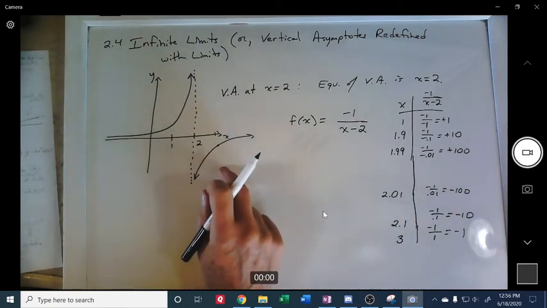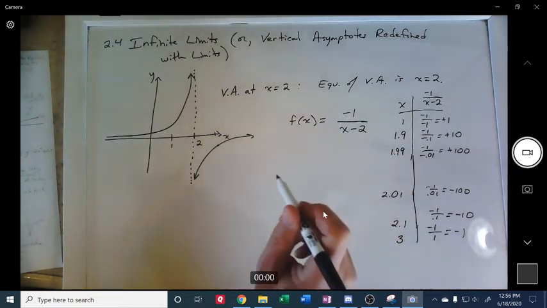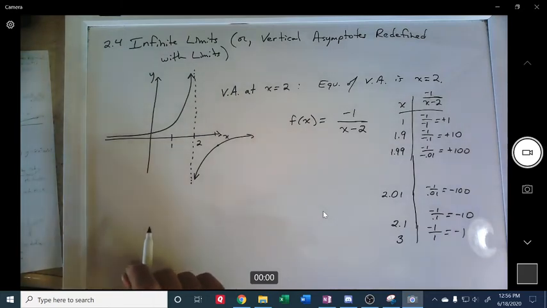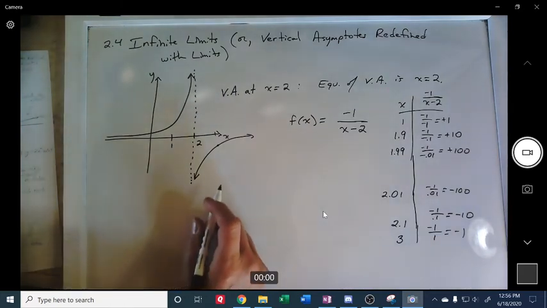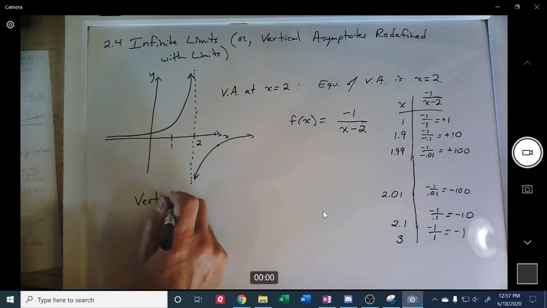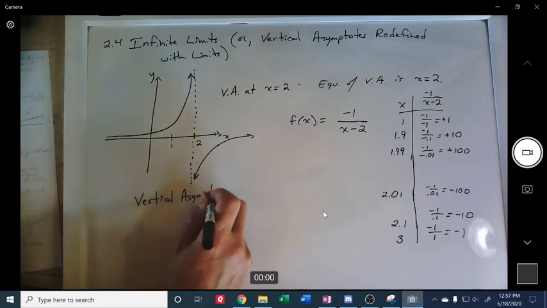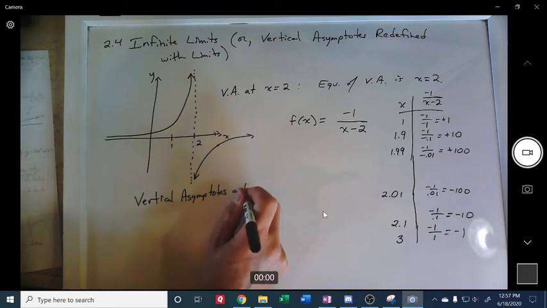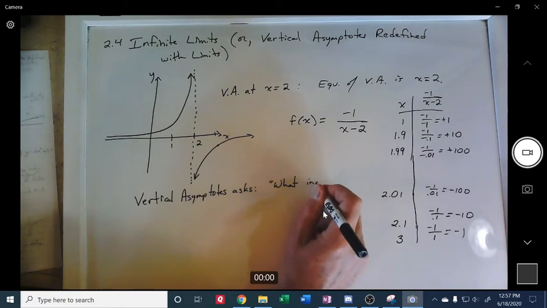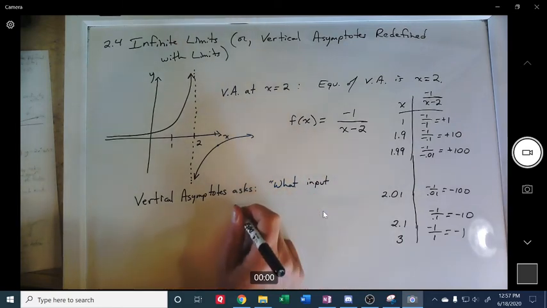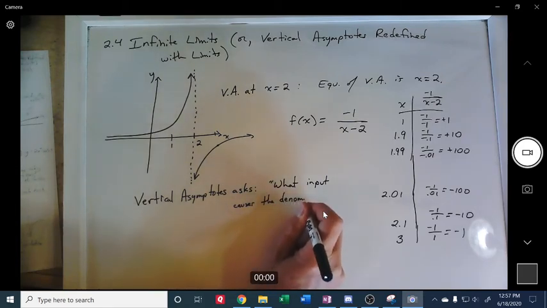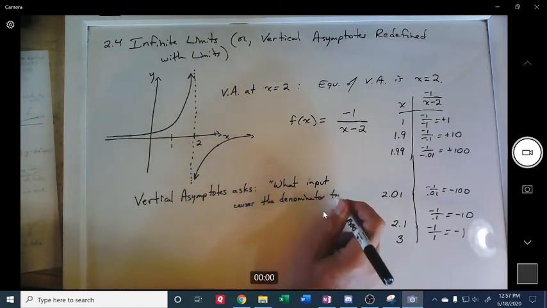All right, so we're getting vertical asymptotes. And when I teach vertical asymptotes in pre-calculus, I have students memorize this question. Vertical asymptotes asks: what input causes the denominator to be 0?